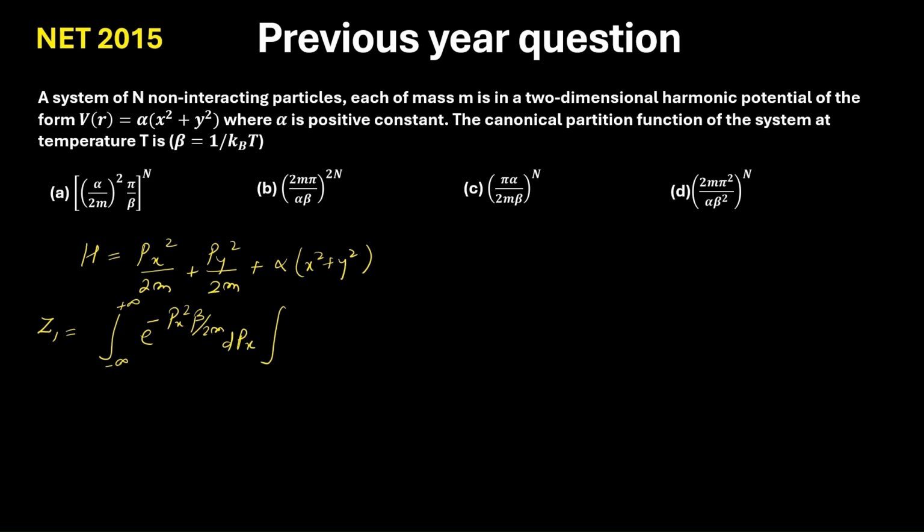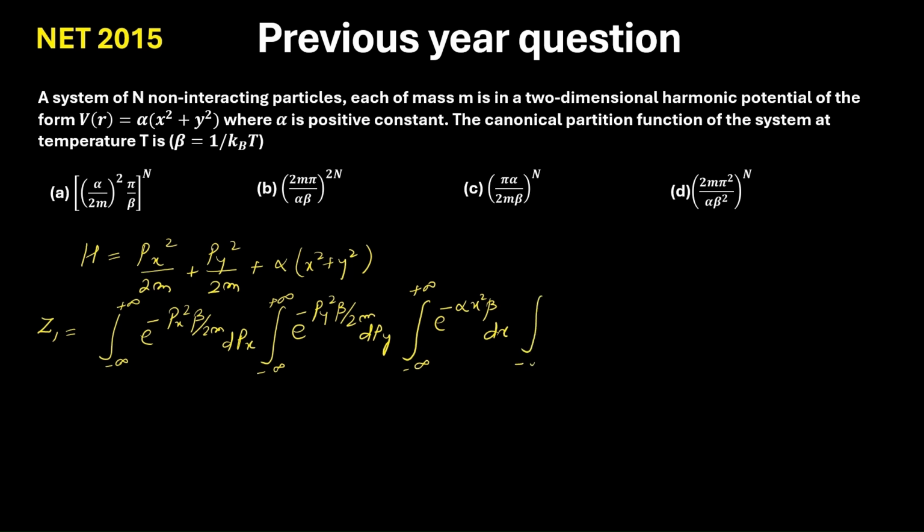Then we can write it for the y component: minus infinity to plus infinity e to the power minus py squared beta by 2m dpy. Then the x part, minus infinity to plus infinity e to the power minus alpha x squared beta dx.